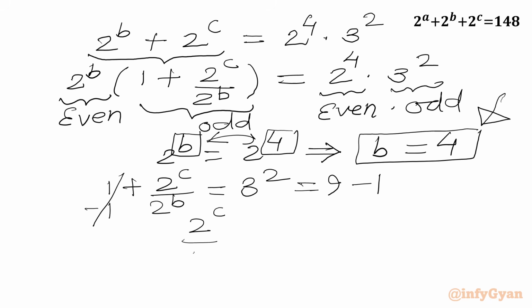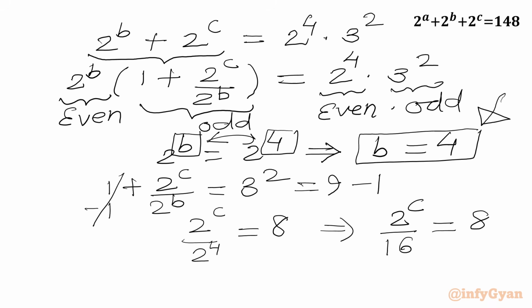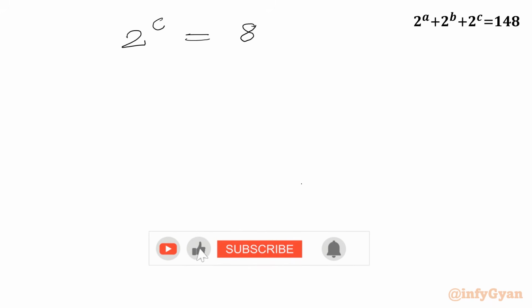So we can write 2 power 4 equal to 9 minus 1, which is 8. Now 2 power 4 is 16. We will write here 2 power c over 16 equal to 8. Or 2 power c will be equal to 8 times 16.